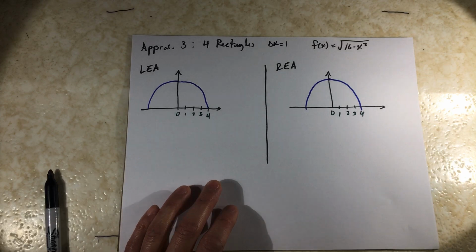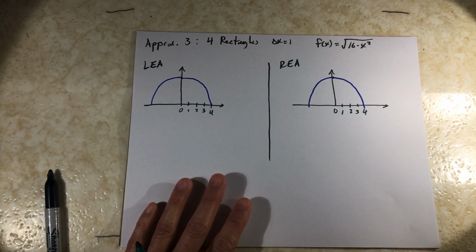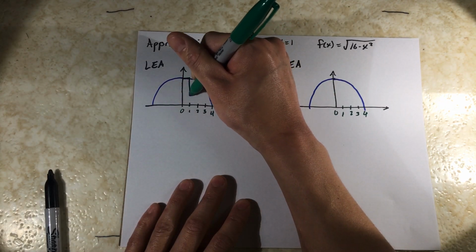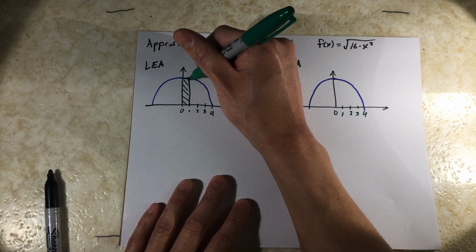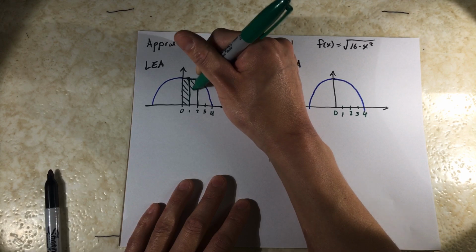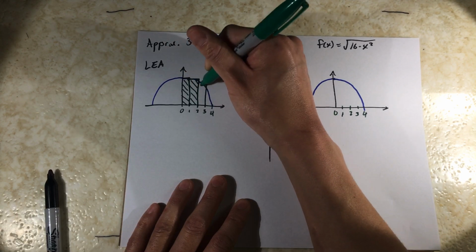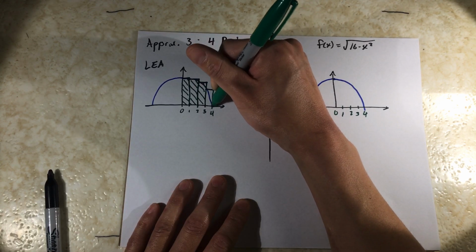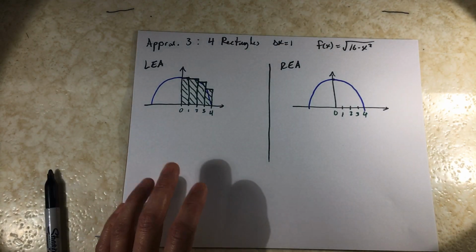There we go. We're going to graph our rectangles based on this picture. So here we're going to start here. It's our first rectangle. So that is our left end approximation.